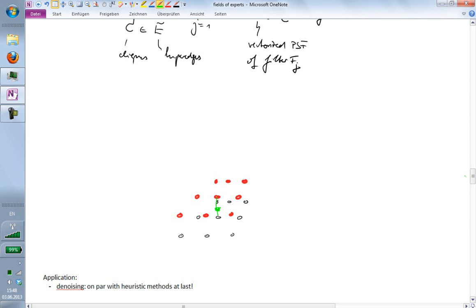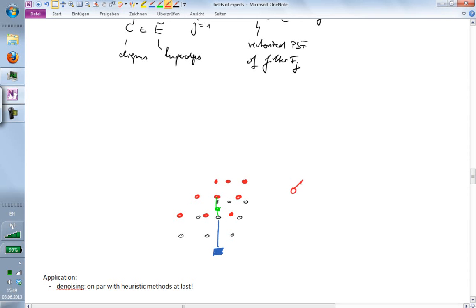And this time, to avoid making a complete mess of this picture, I will only show a single one of these multivariate or higher order potentials, namely only the one belonging to the central pixel. So I'm only showing the factors here that belong, let's say, to this central pixel.